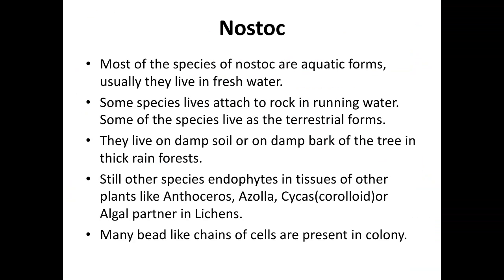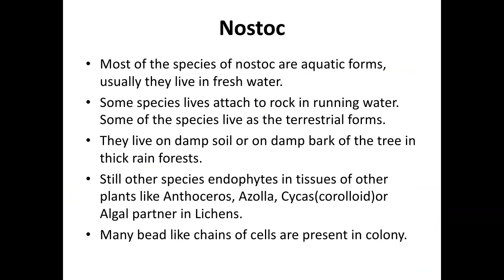In the Anthoceros thallus there is a mucilage cavity, and this mucilage cavity contains the Nostoc algae. With the help of heterocysts, these Nostoc algae can fix atmospheric nitrogen, and this fixed nitrogen is given to the developing plant body, and in return it takes shelter within the thallus of the Anthoceros plant.